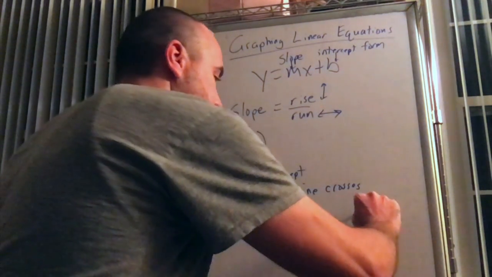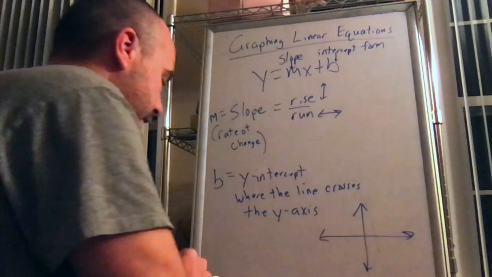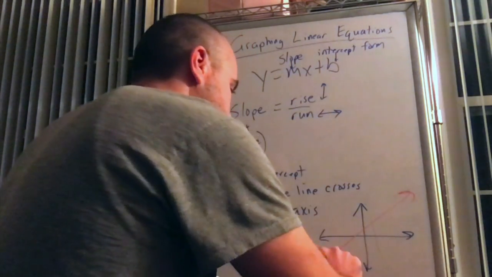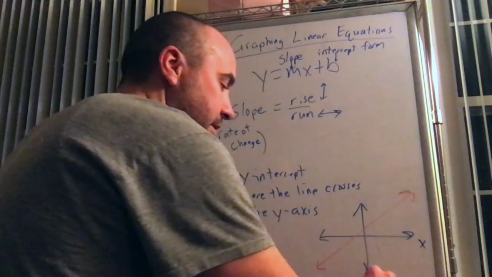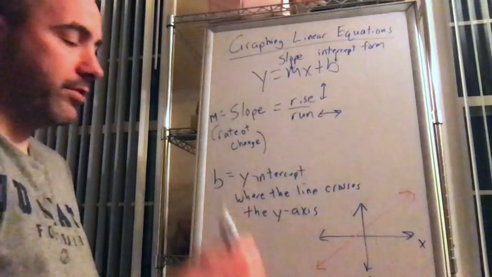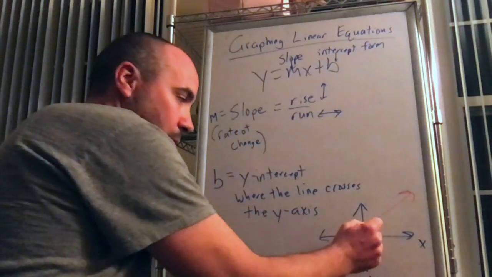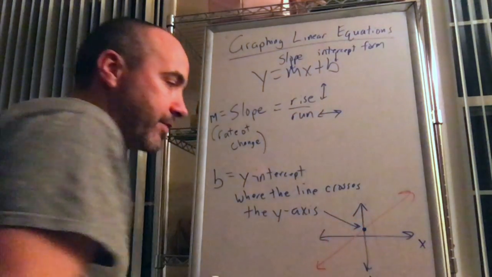So if I had a little coordinate plane here, and I want to draw a line, just like this. All right, we know that this is the x-axis going horizontally, the y-axis going vertically. So we're looking at the y-axis, and where it crosses the y-axis right there, that's our y-intercept.